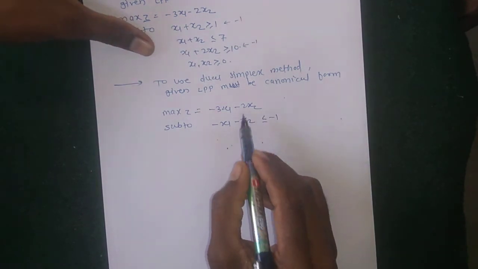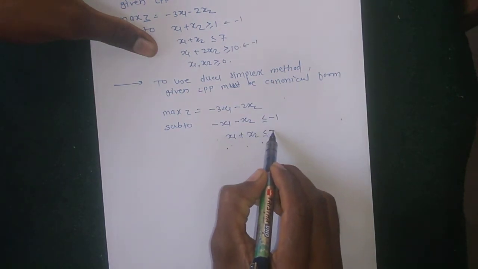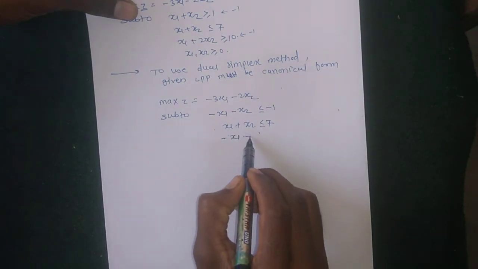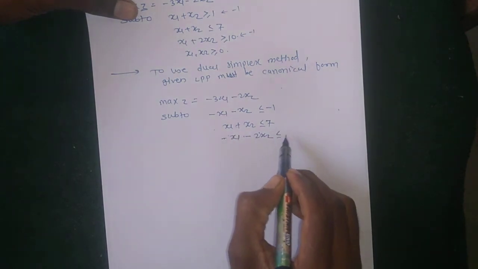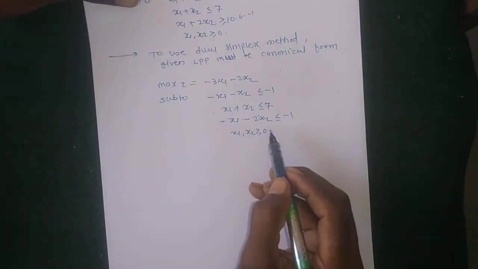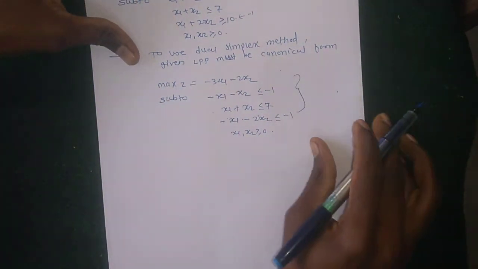Then the second is written as it is. Then the third, multiplying by -1, we get minus x1 minus 2x2 is less equal -10, where x1 and x2 are greater or equal 0. Okay, this is our canonical form LPP.